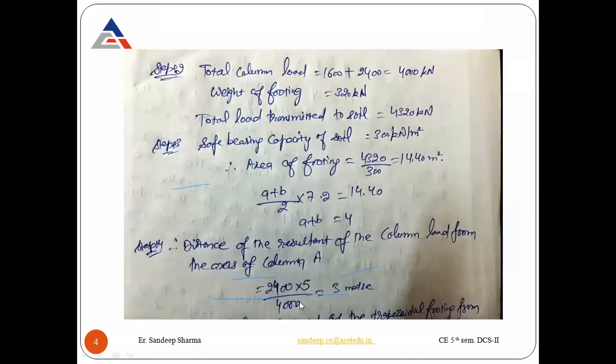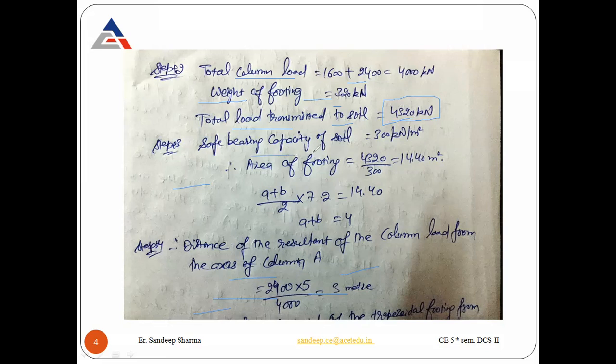So step number 2: the total load on the columns is 1600 plus 2400 kilonewton. We have to add this load, then the weight of the footing that was given to you, equal to 320 kilonewton, and that gives the total load transmitted to the soil. Then we have the safe bearing capacity of the soil, which is also available.